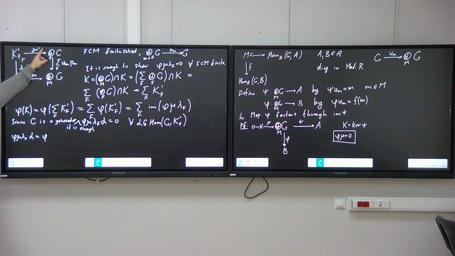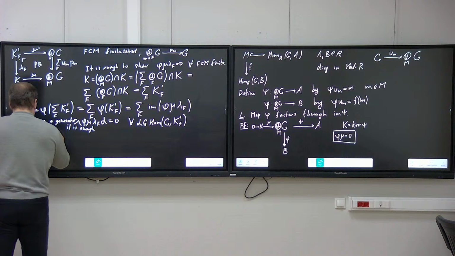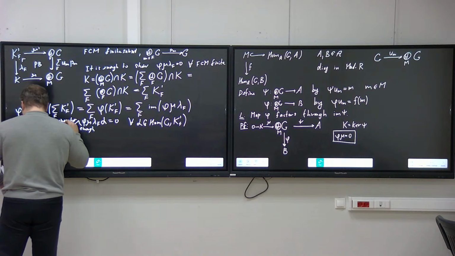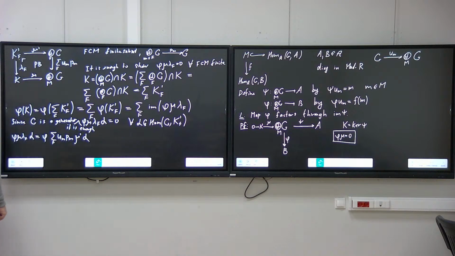I'm going to use this composition. So keep phi. Now I have a sum over F of mu prime alpha, using this commutative square.